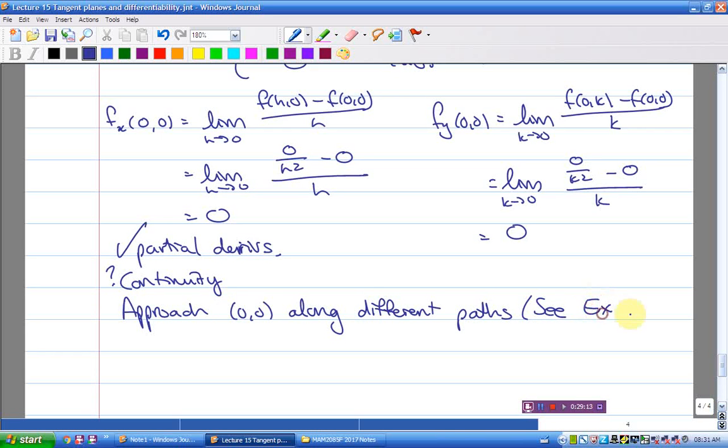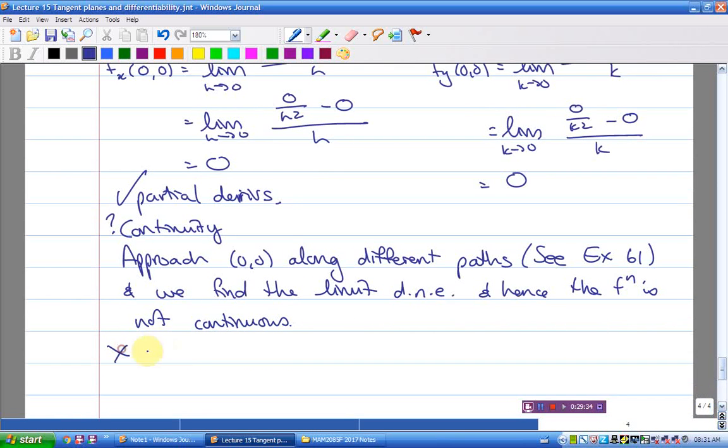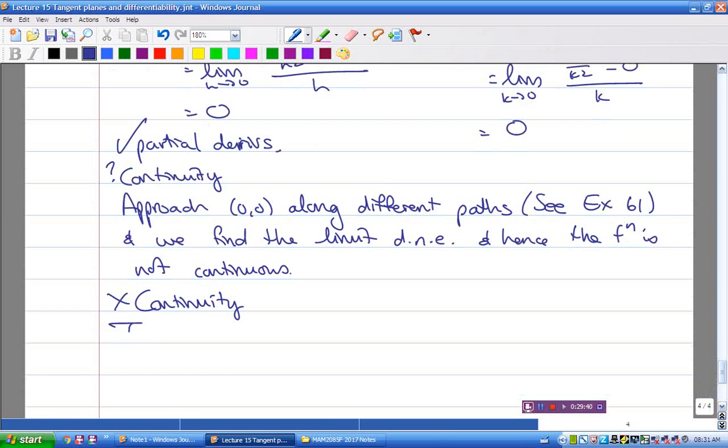See exercise 61, and we find the limit does not exist, and hence the function is not continuous. So yes to partial derivatives, but no to continuity. The function is not differentiable.